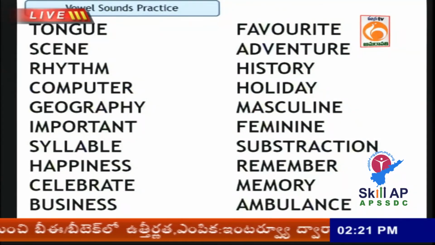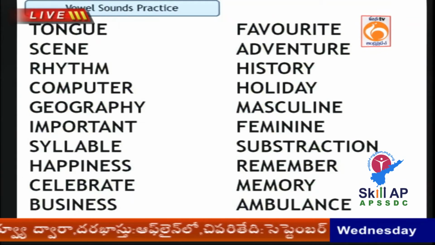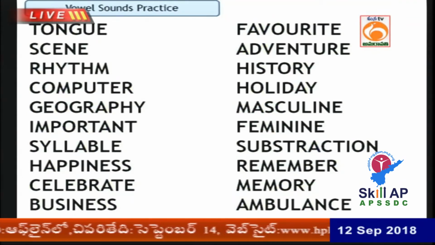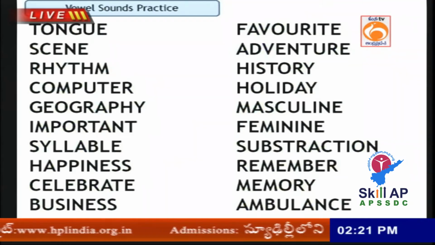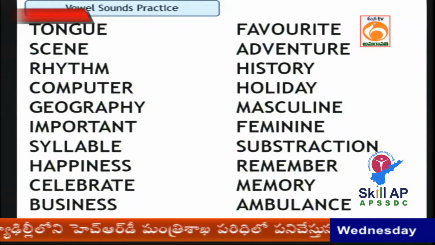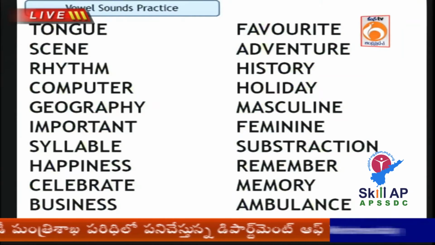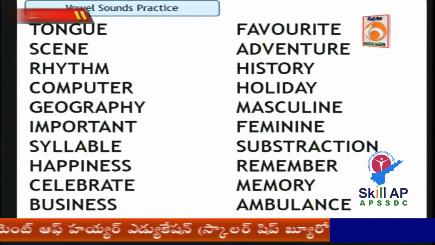It's tongue. Please don't pronounce that as tangu, it's tongue. Scene, rhythm. Computer, geography. Important, syllable, or syllabus, syllable. Happiness, celebrate.